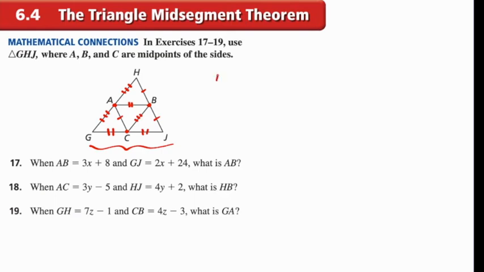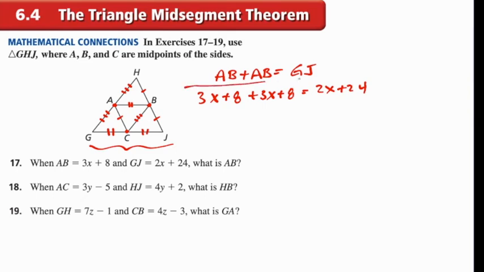So you need AB plus AB to be equal to GJ, because GJ is twice as big as AB. So since AB is 3x plus 8, I can add that again and set it equal to GJ, which is 2x plus 24.